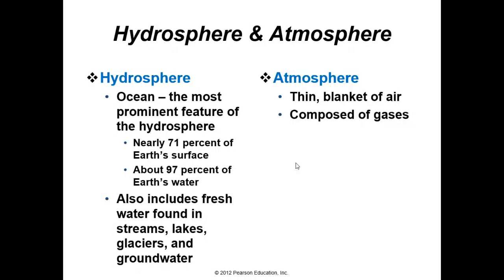One thing that I don't have in here that I just realized is, if I remember this correctly, since the atmosphere does have moisture that you can't see typically, the atmospheric moisture can also be part of the hydrosphere.